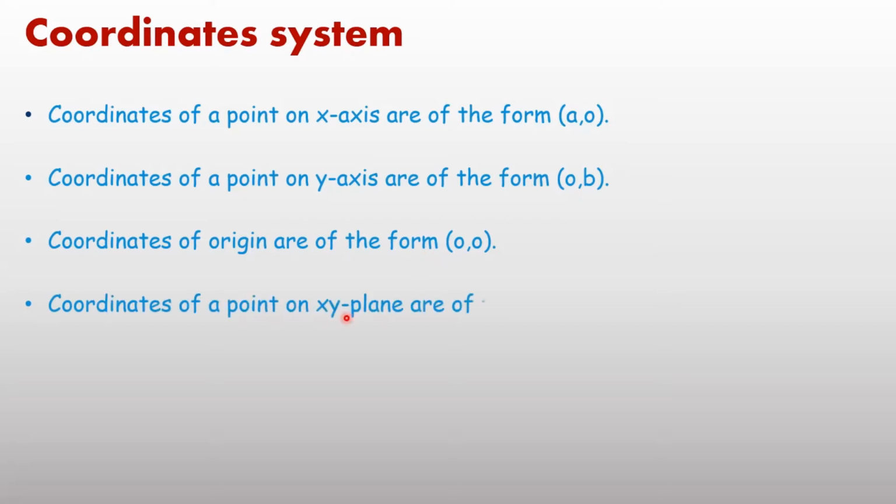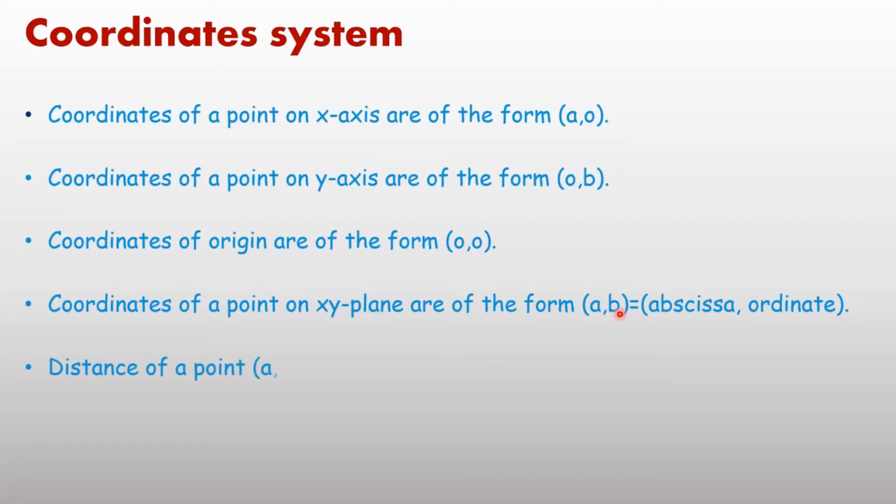Then the coordinates of a point on the xy plane we can write in the form of (a, b), where x coordinate of any point is known as abscissa and y coordinate is known as ordinate. Distance of any point on the plane from x-axis is equal to mod of b, means absolute value.